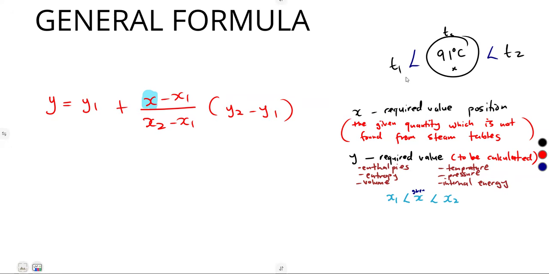These ones, we have them from our steam tables: T1 and T2, which is our X1 and our X2. So X1 is our lower value, which is known from our steam tables.